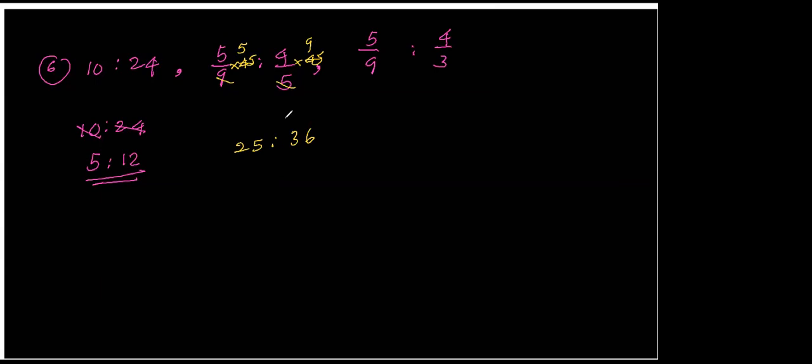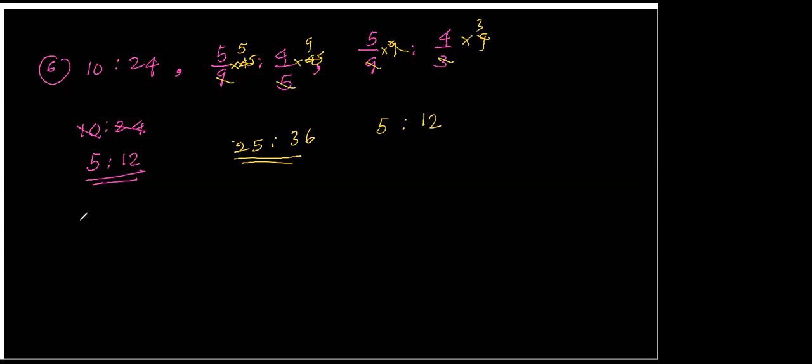9 times 4, 36. Yeah, so 36. Then can we simplify anymore? No, 25 to 36. This one then, this is by 9, this is also by 9. How many 3's? 3. 5 to 4 times 3, 12.